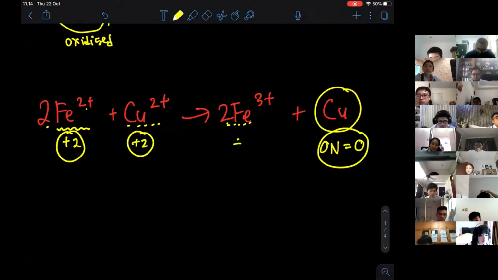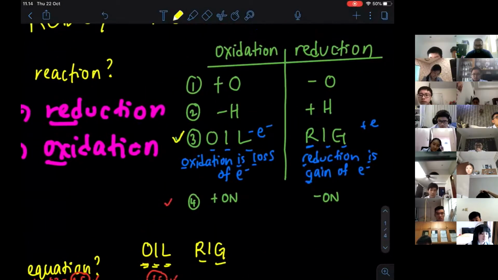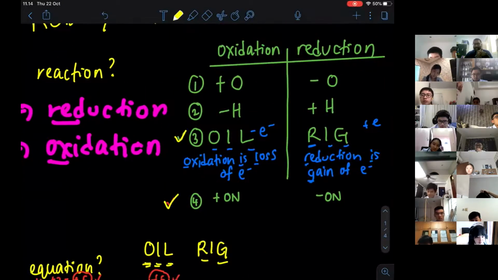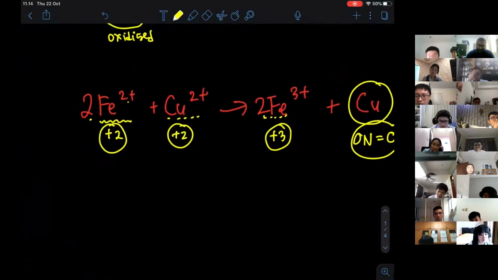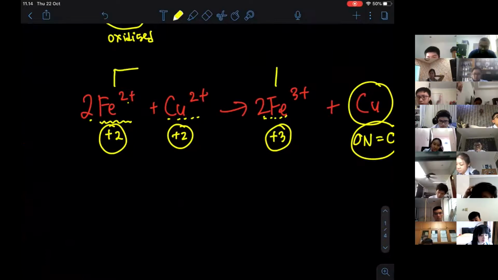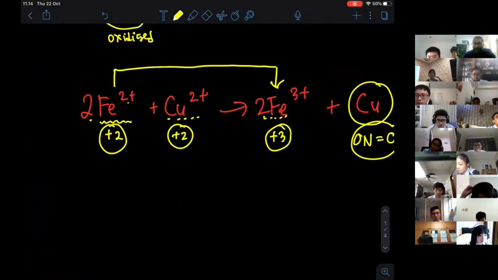+3. Now, remember just now I taught you about number 4: you can also determine oxidation and reduction by using oxidation number. So you see here, when this Fe2 plus changes into Fe3 plus, what can you say about the oxidation number? Increase or decrease? Increase.